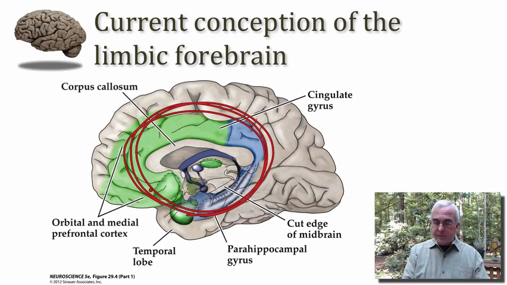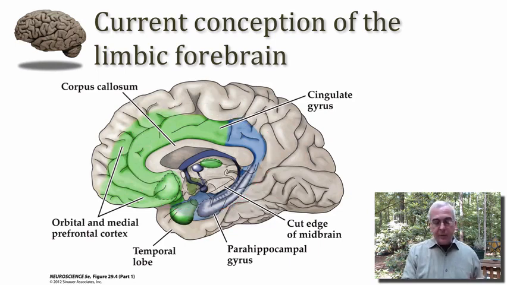But just to make this point, I do want to go through some of the key anatomical centers that are associated classically with this limbic forebrain and highlight some of the distinctive functions that are associated with each.